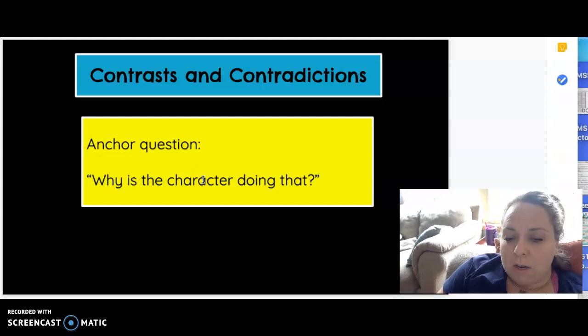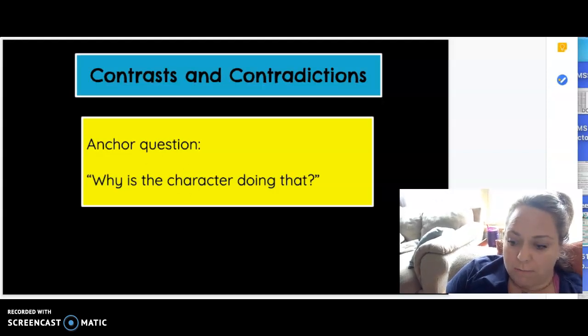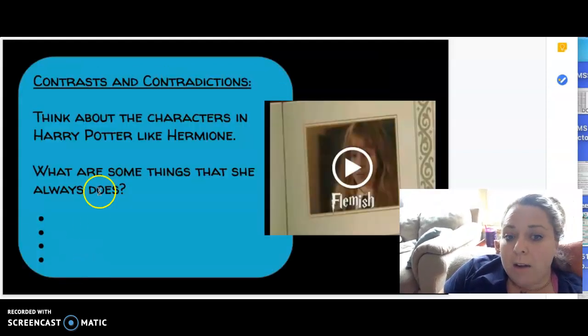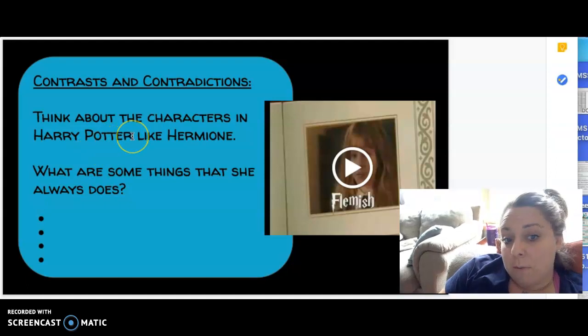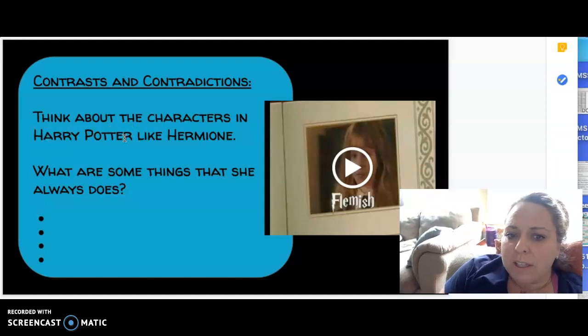Well, we want you to do the same thing when you're reading a novel and there are fictional characters. And this fictional character does something that they normally wouldn't do, right? So I don't know how many of you are familiar with the Harry Potter series, but there's this character named Hermione.